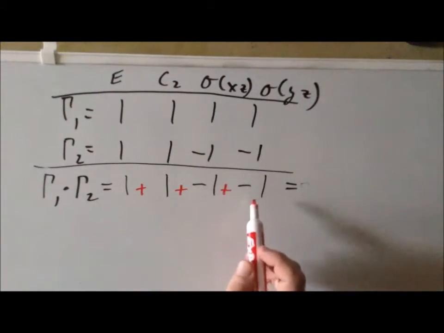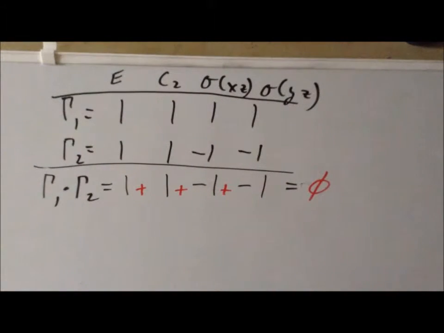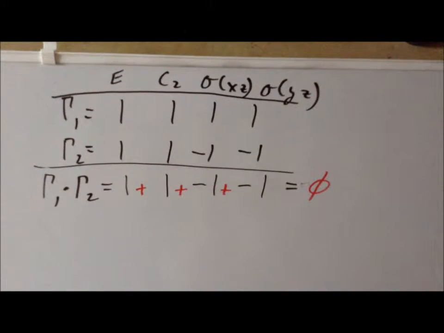So what we can say is that gamma 1 and gamma 2 in this case are orthogonal. And it's a very close relationship between this idea of particular irreducible representations being orthogonal and the ideas of vectors being orthogonal, for eigenfunctions that have different eigenvalues being orthogonal. So this orthogonality idea shows up again and again, and here we see yet another manifestation of it.